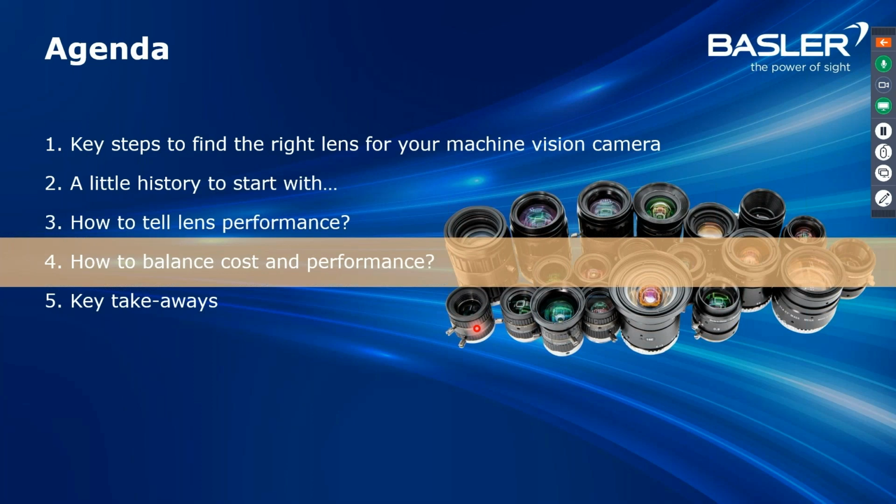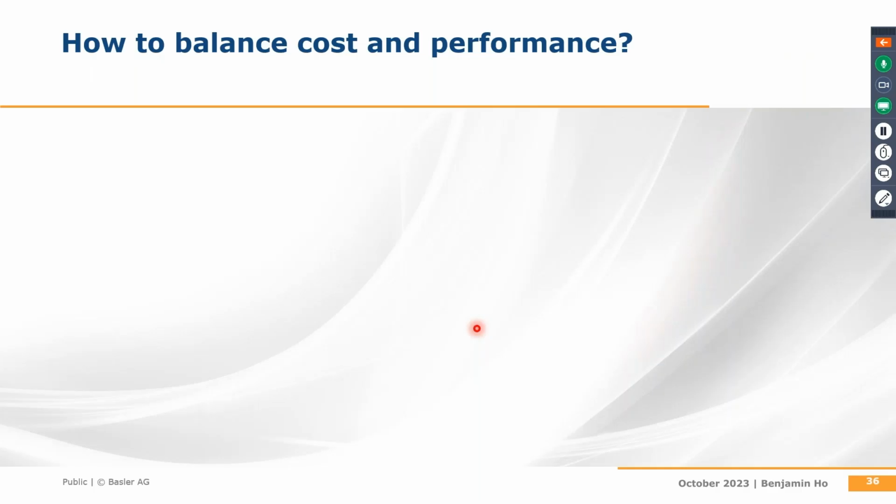The next topic is how we balance cost and performance when selecting the lens for a machine vision camera. For industrial users, finding the right lens does not equal finding the best technical fit, but rather finding the right balance between cost and performance. So, how do you select a lens which is sufficient for your application?